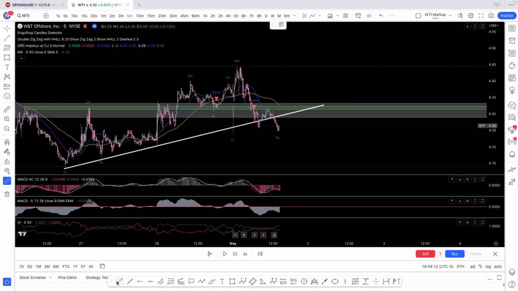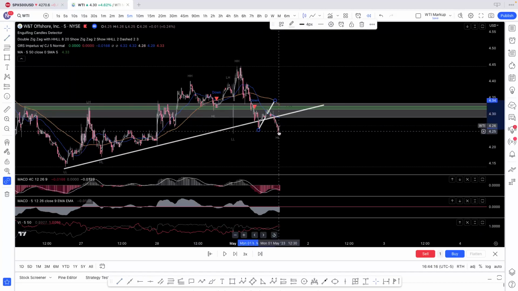So to mark this up, I pulled back here. All right, so I'm gonna wait for this to give me another pink candle down, and then I will enter. Yeah, okay.